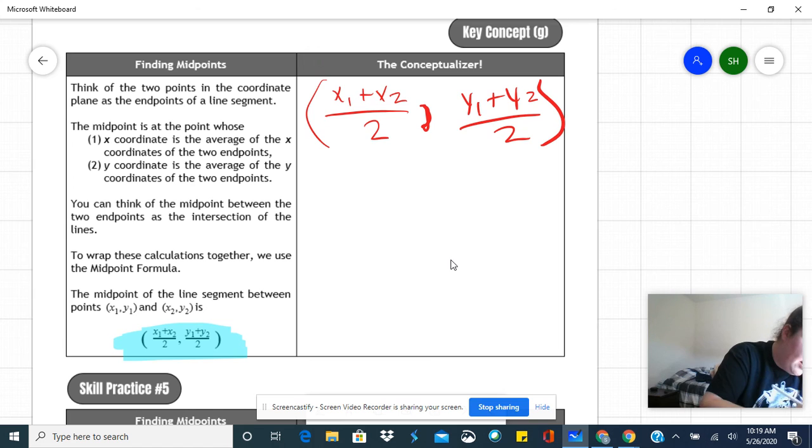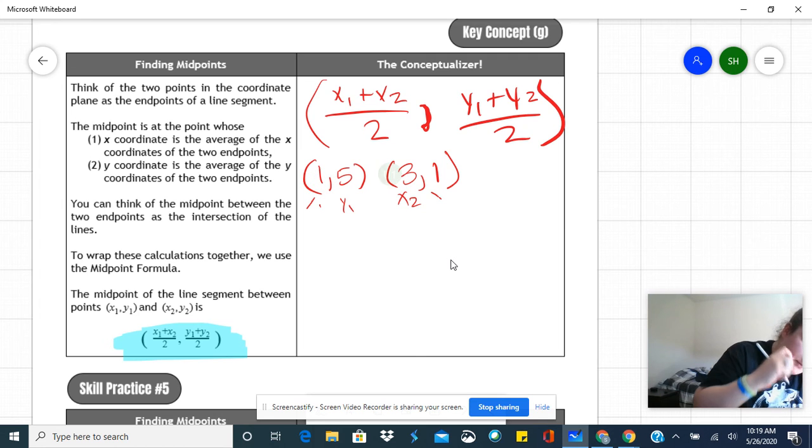So if you have the points 1, 5 and 3, 1. Okay. So x1, y1, x2, y2.